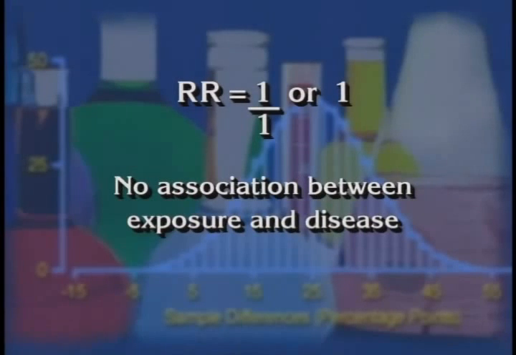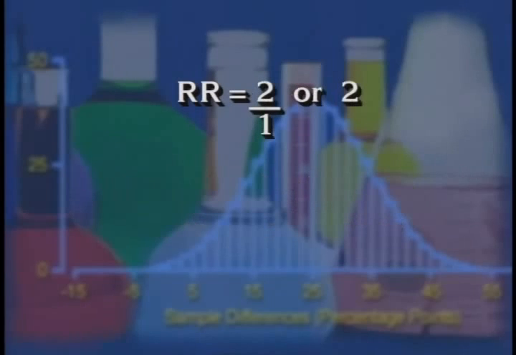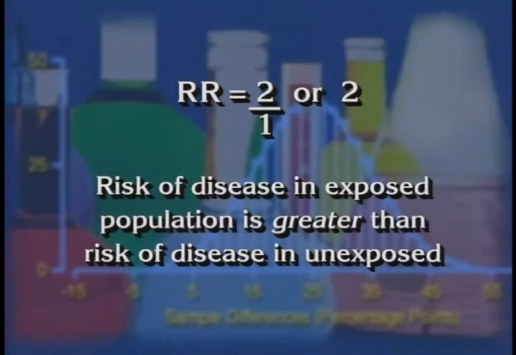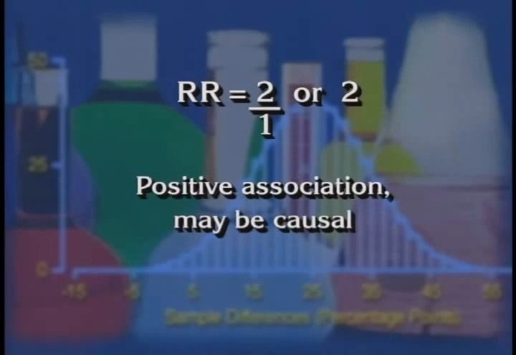If the relative risk is greater than 1, it means that the numerator is greater than the denominator. The risk of disease in exposed people is greater than the risk in non-exposed people, and this is a positive association, and it may be causal. And we will shortly discuss how we move from association to causation.